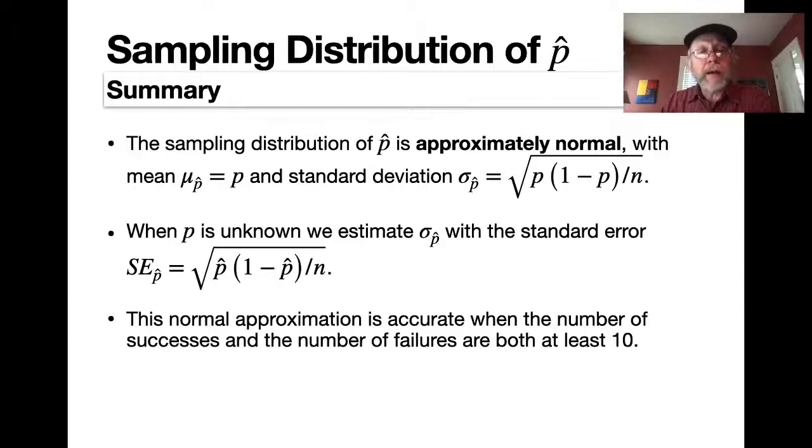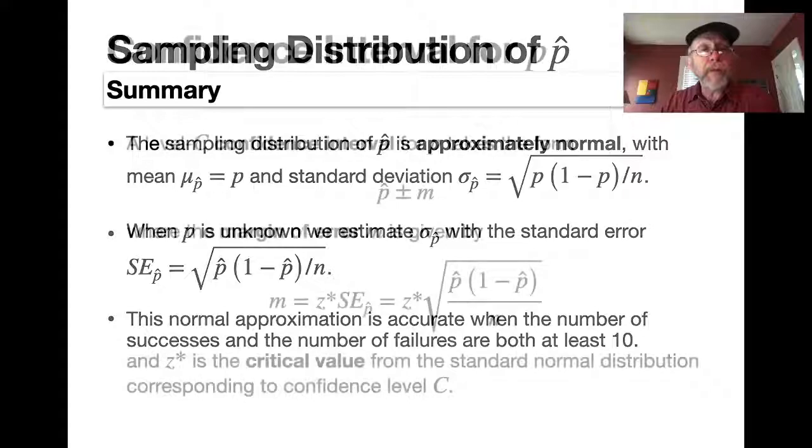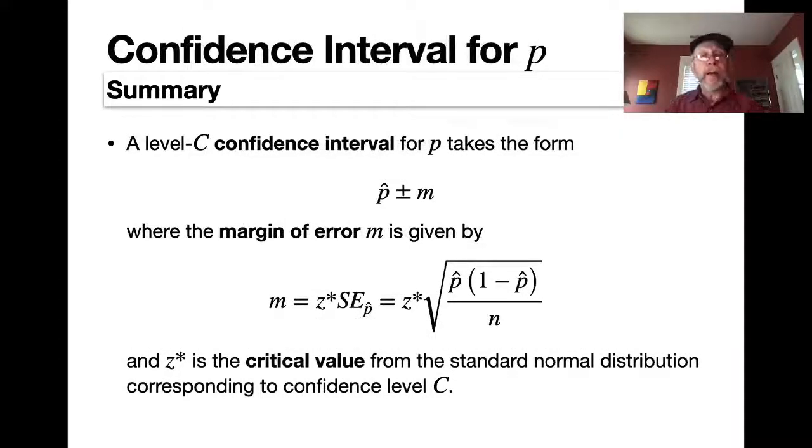Okay, once we have a sampling distribution, we're basically off to the races. We can compute confidence intervals, for instance. And the basic story there is that a level C confidence interval for the true population proportion p is going to take the form of our point estimate, p hat, the sample proportion, plus or minus a margin of error, where the margin of error is given by this product of z star, a critical value from the standard normal distribution, times the standard error of p hat.